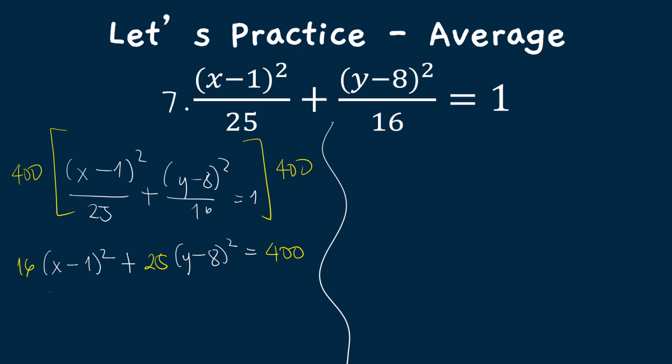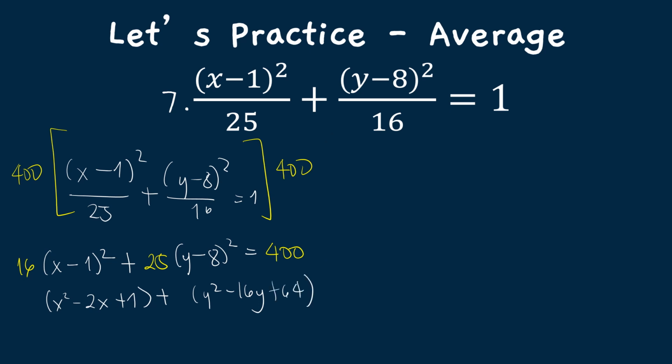Okay, multiply it by 1. Expand the binomial, x squared minus 2x plus 1 plus y squared minus 16y plus 64. Then don't forget to write 16 and 25 here. Then equal to 400. Then distribute 16 and 25 respectively to each of the terms.